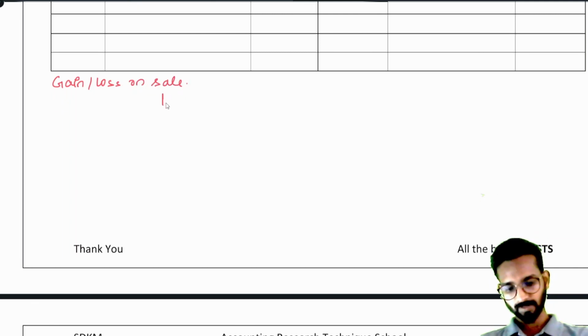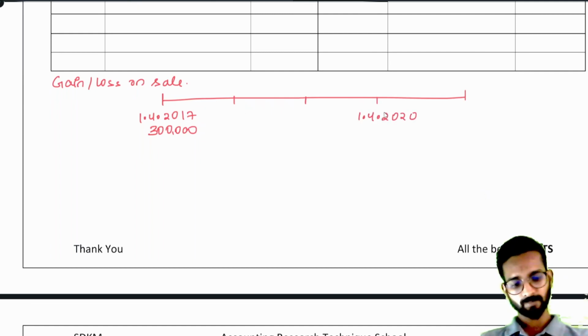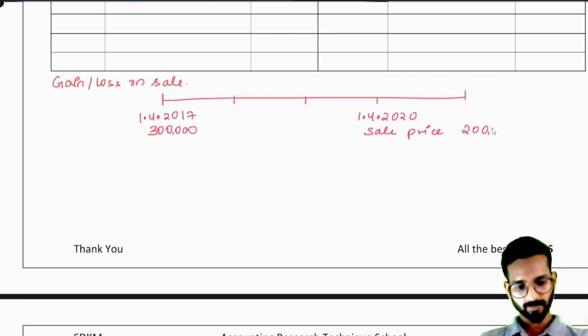I am preparing a number line here that will clear the picture. 1/4/2017 I purchased it for 3 lakhs. 1/4/18, 1/4/19 and here it is 1/4/2020. 3 years are completed and now the sale price is 2 lakh rupees, okay.